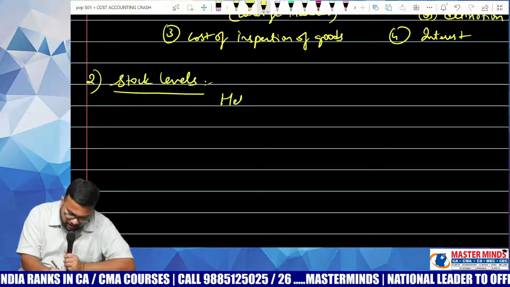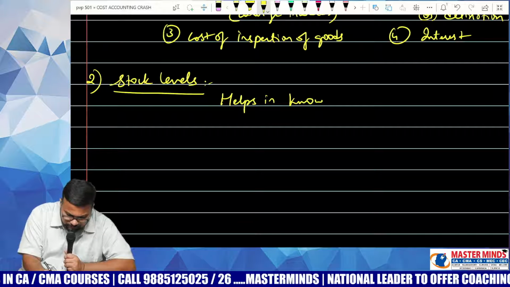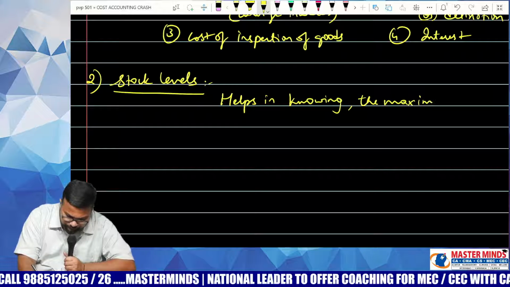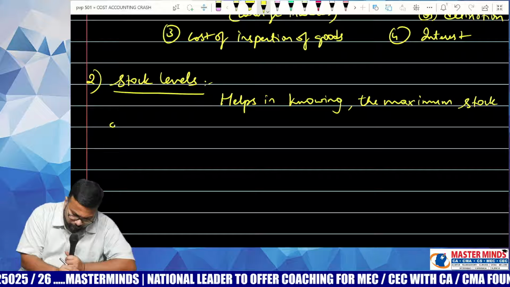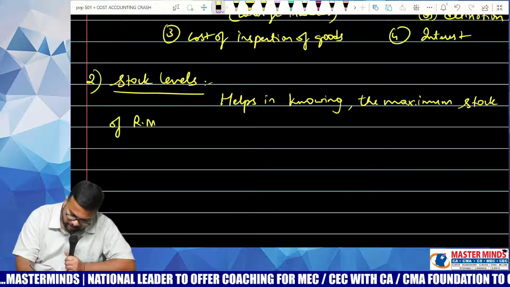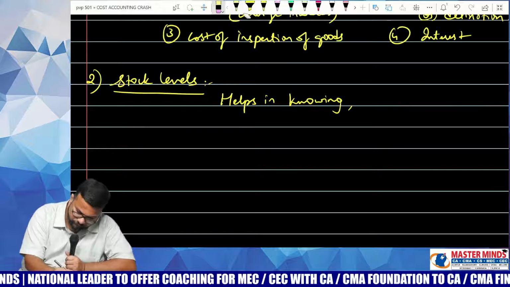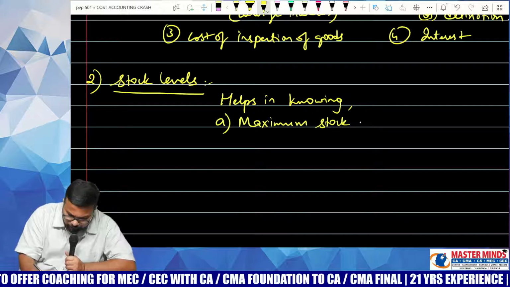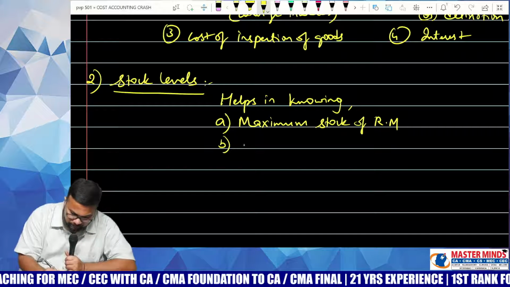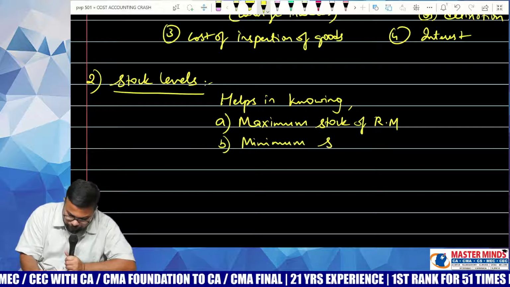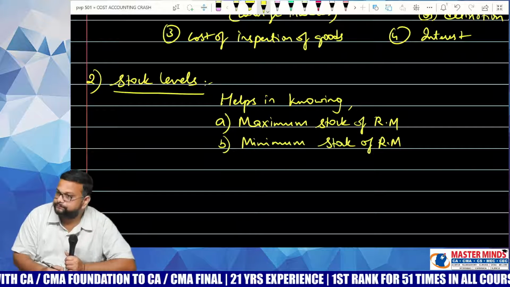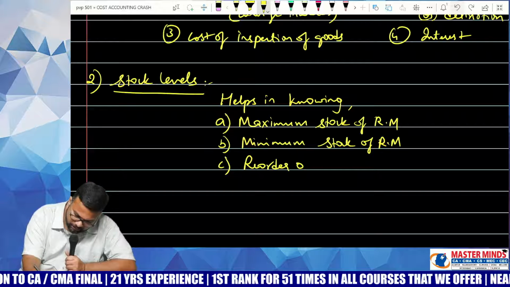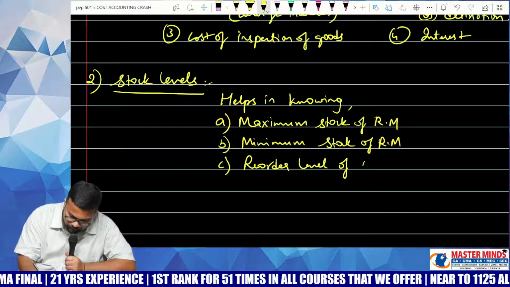This technique helps in knowing a few things: the maximum stock of raw material, the minimum stock of raw material, and the reorder level of raw material.